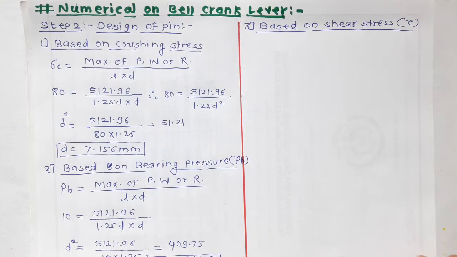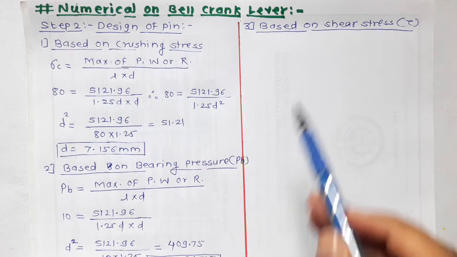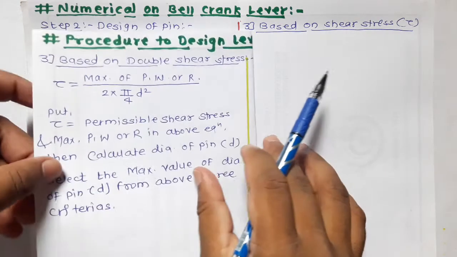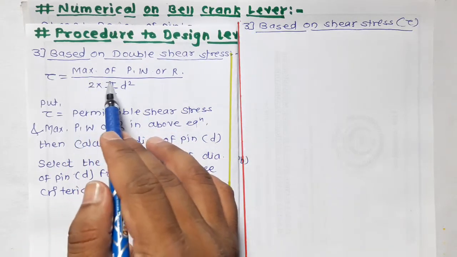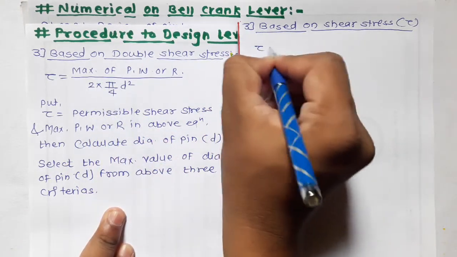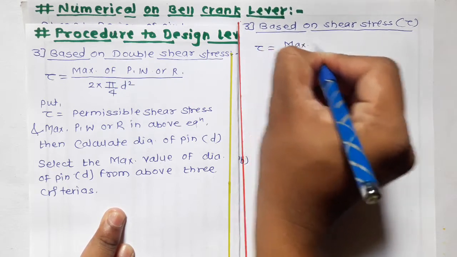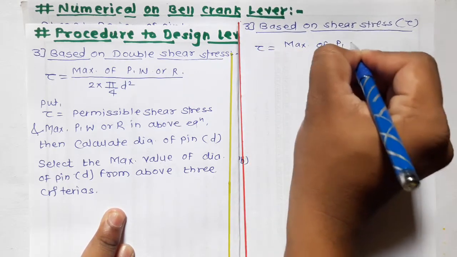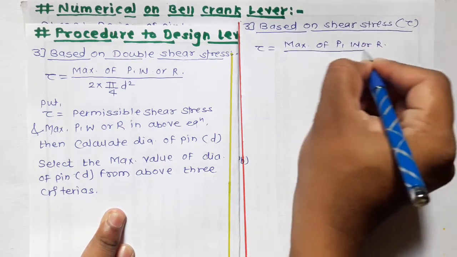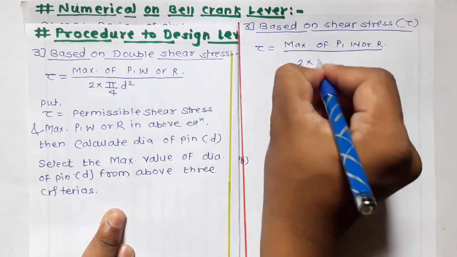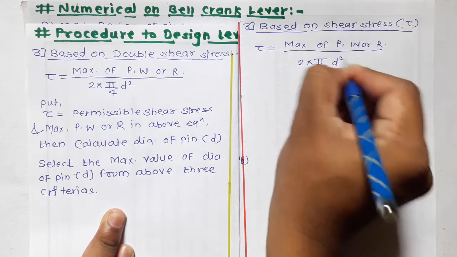Now after calculating the diameter of pin based on crushing stress and bearing pressure, let us calculate the diameter of pin based on shear stress tau. And to find out the diameter of pin based on shear stress tau, this is the formula. So let us use this formula here. So tau is equal to maximum of P, W or R upon twice into pi by 4 D square.